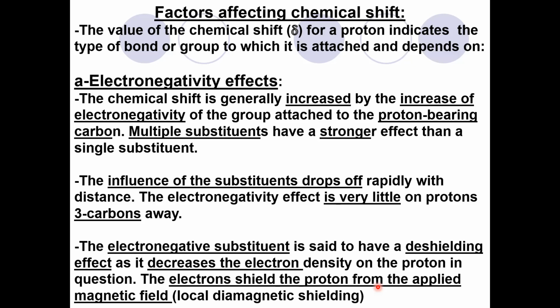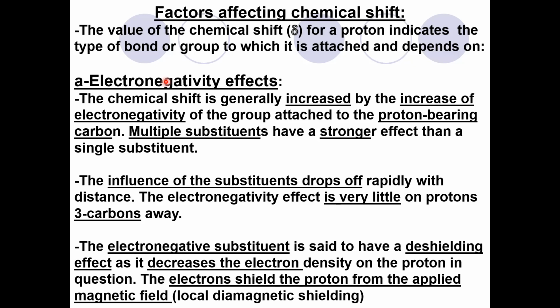There are factors that influence the chemical shift, or the resonance, of a proton. The first factor is the electronegativity effect. Electronegative groups tend to withdraw the bond electrons and decrease the screening of the proton from the applied magnetic field, causing de-shielding of the proton.